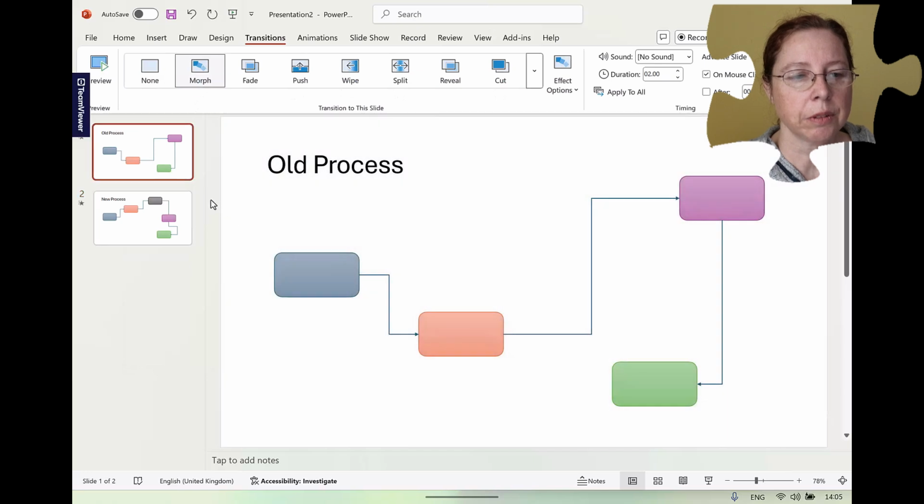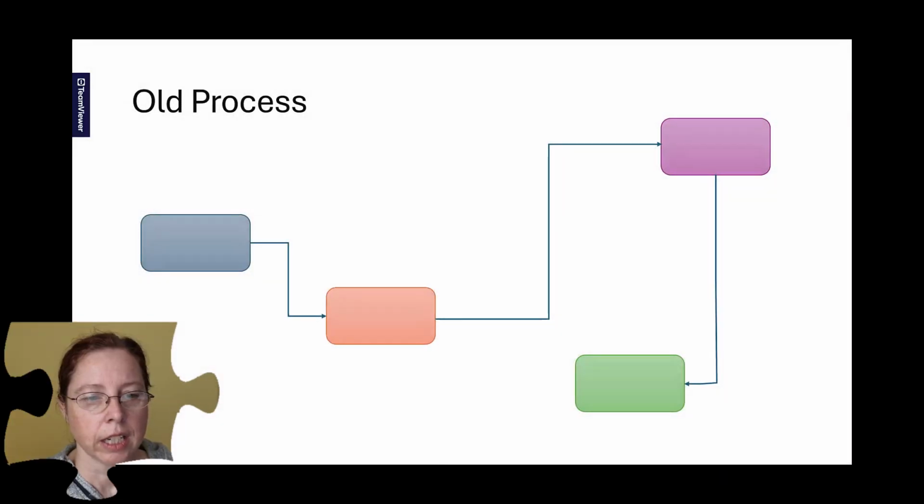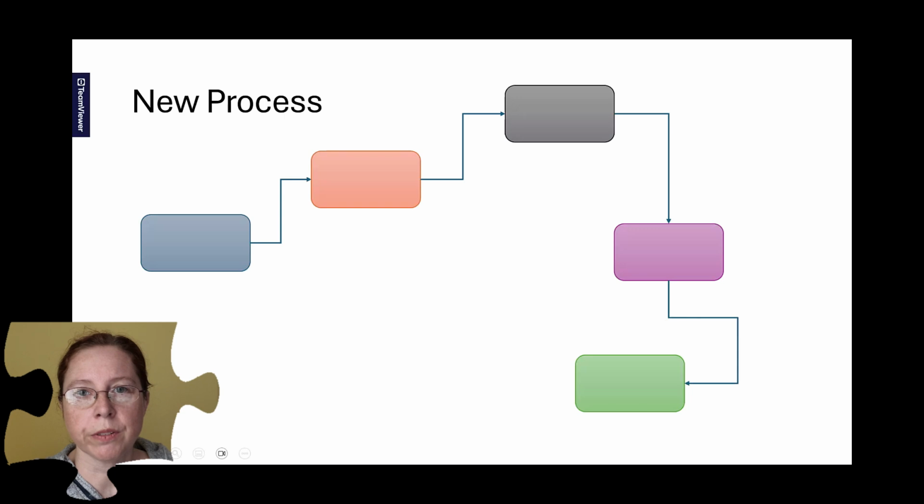And then what I'm going to do is let's take a look here, the slideshow. And it morphs from one into the other. Now I have used this quite a lot in training when I'm going from exactly what I was showing you here, an old process into a new process.